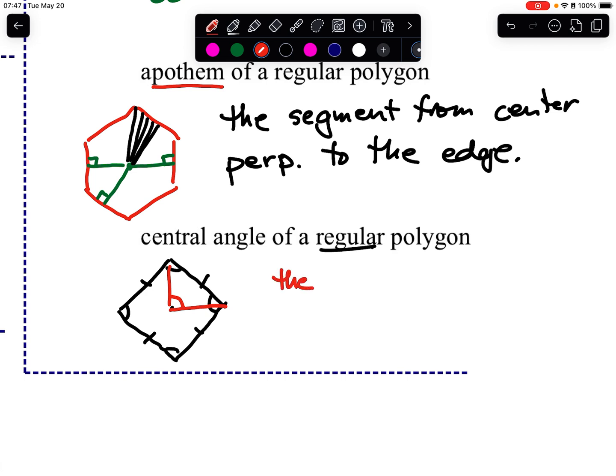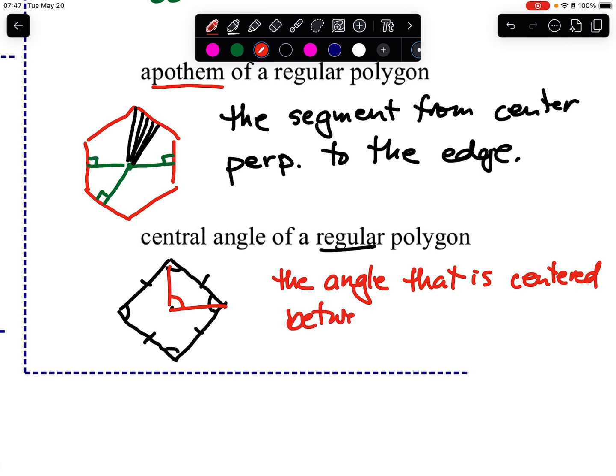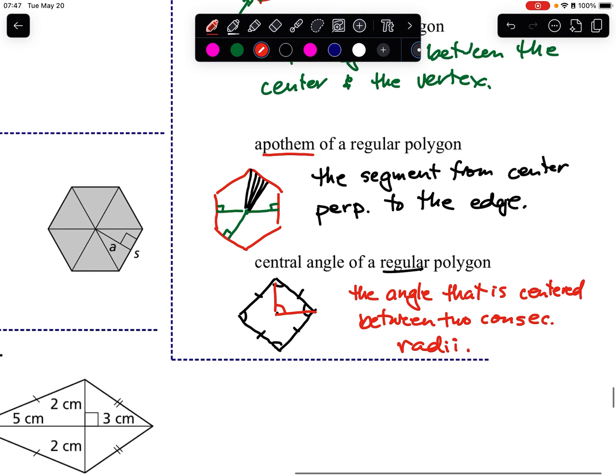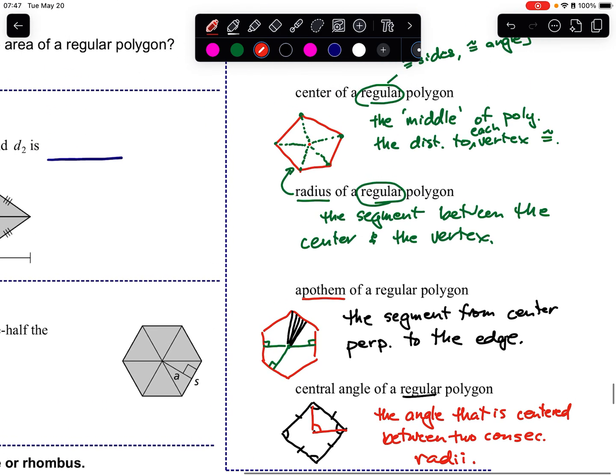All right, so this is the angle that is centered between two consecutive radii. With that, let's get down to how do we find the areas.